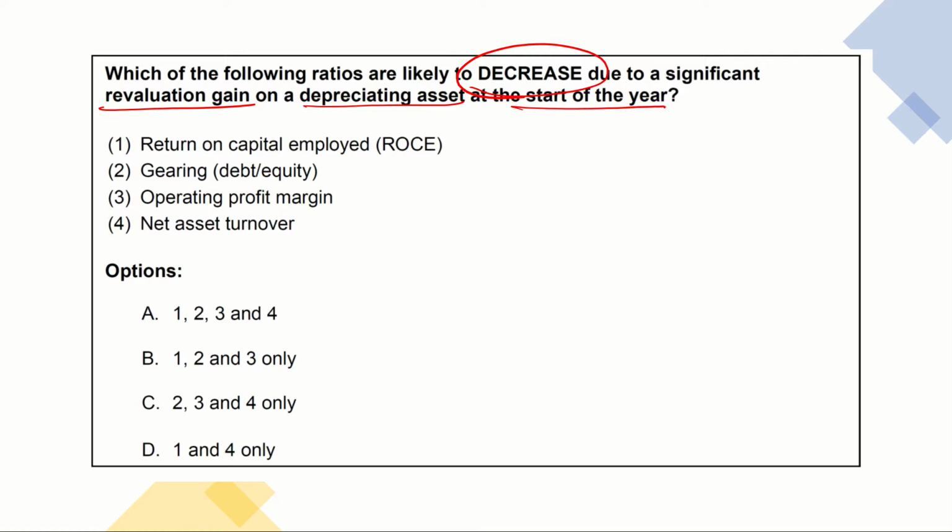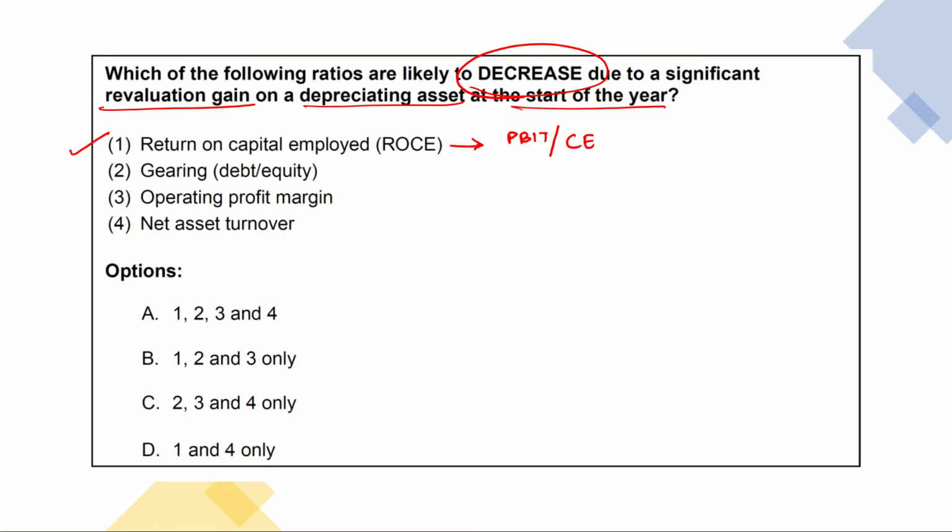The first one is the return on capital employed. Guys, return on capital employed will definitely decrease, and I'm going to give you the reason for that. The formula is profit before interest and tax divided by the capital employed, and in the capital employed we have got debt and equity.